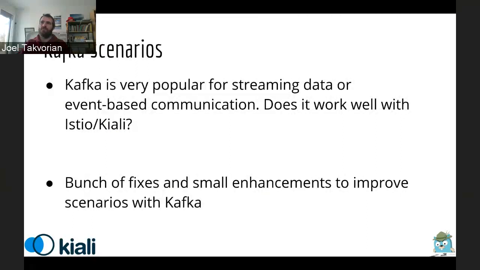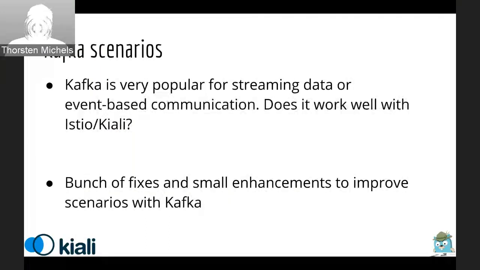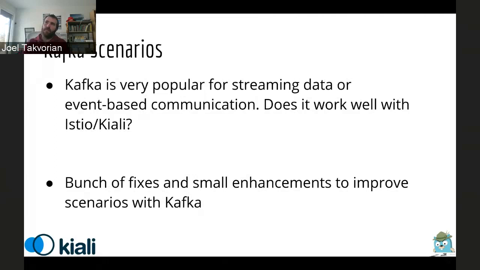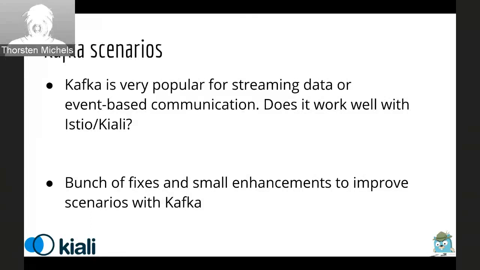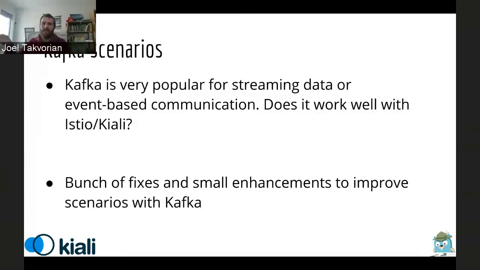We could wonder why we would want to use Istio with Kafka for that, because traffic shifting is probably not going to work in the same manner. When you are doing traffic shifting, most of the time it's between service A and service B, and you want to, for instance, put a weighted traffic between these two services. With Kafka, it's different because the communication is with a broker in the middle.